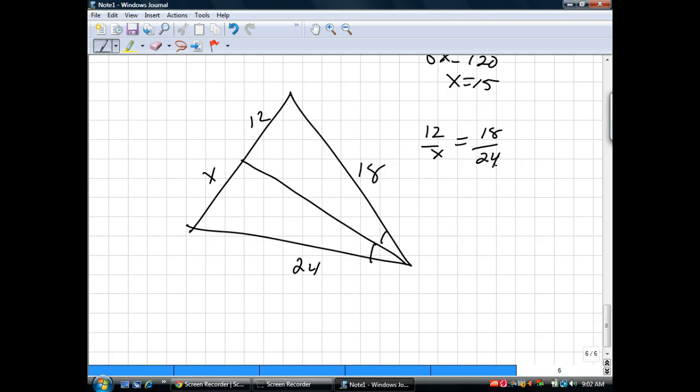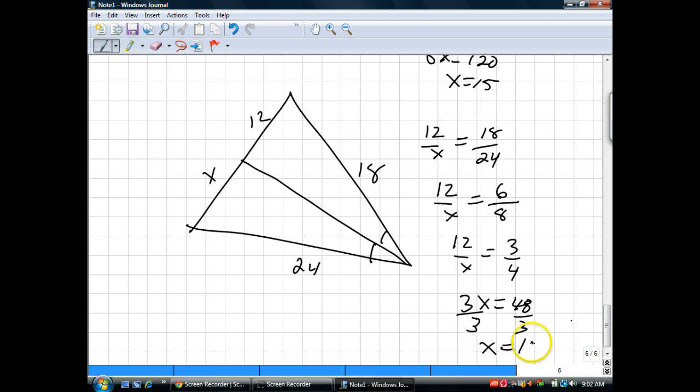And again, reduce. So 6 and 8. Oops, didn't reduce enough. So 2 goes into both of those, so it's 3 and 4. So I get 3x equals 48. Divide by 3, so x equals 16.